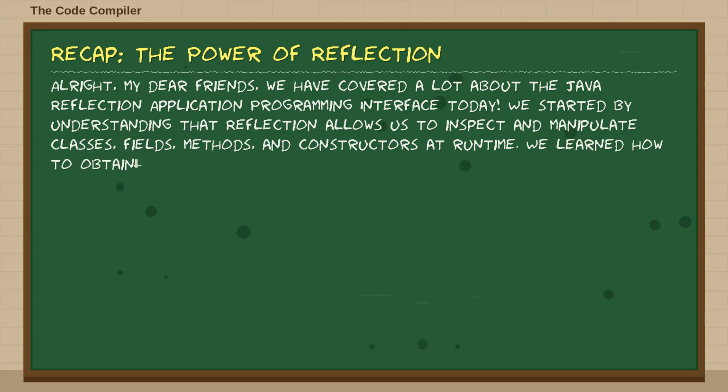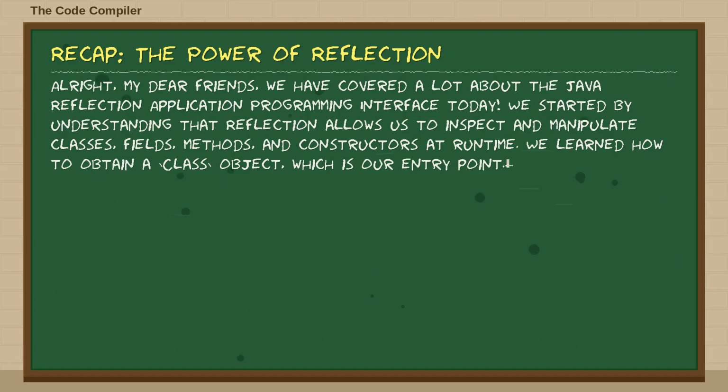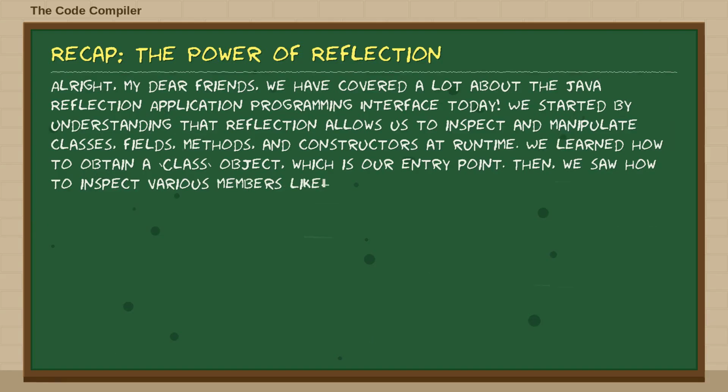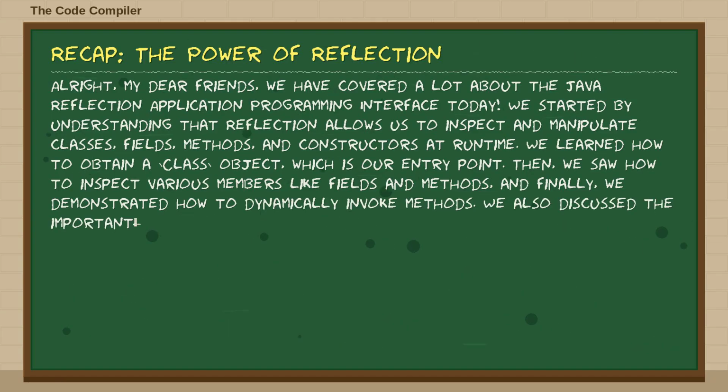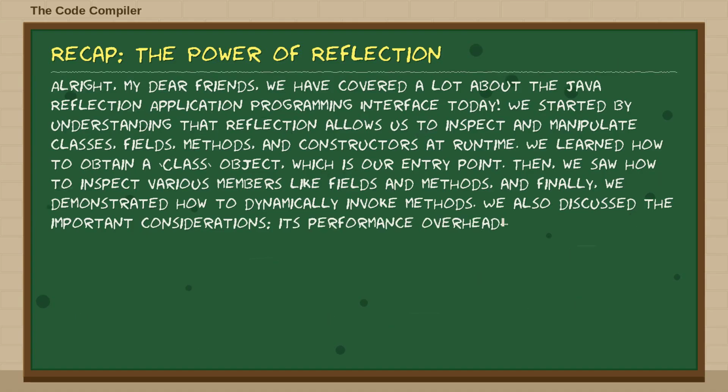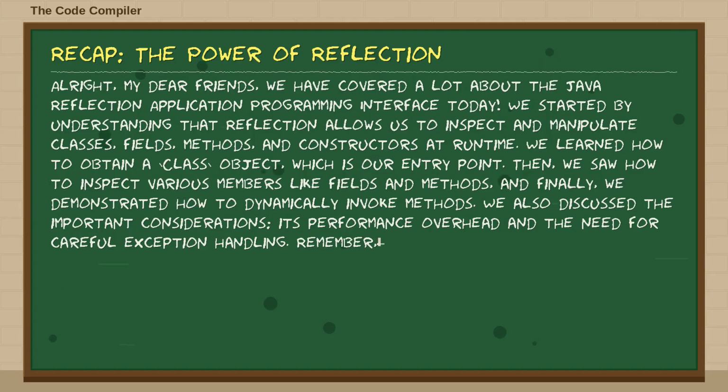We learned how to obtain a class object, which is our entry point. Then, we saw how to inspect various members like fields and methods, and finally, we demonstrated how to dynamically invoke methods. We also discussed the important considerations, its performance overhead, and the need for careful exception handling.